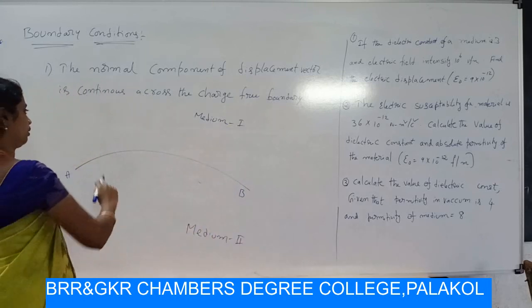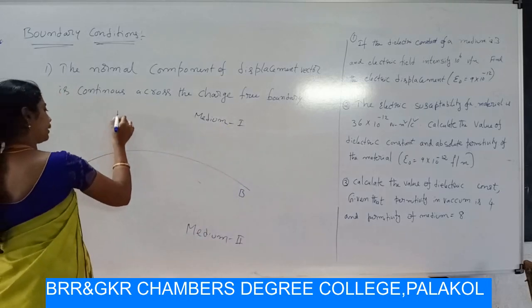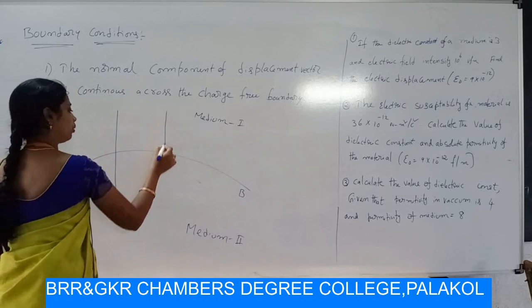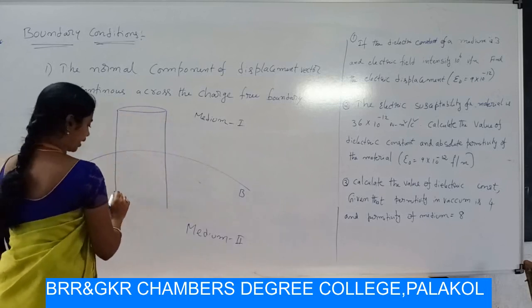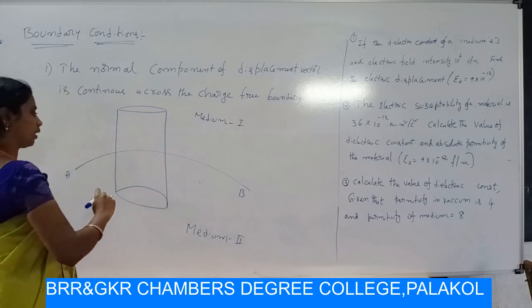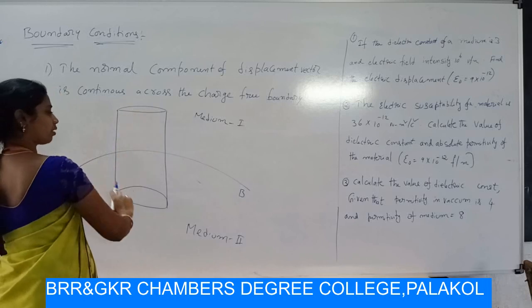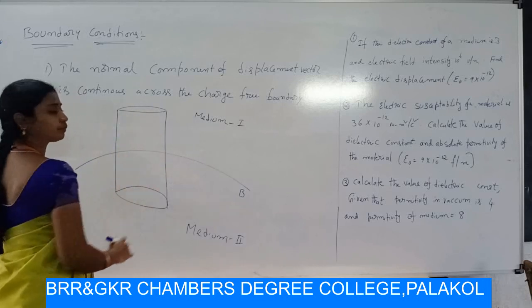Here, for explaining the first boundary condition, we consider a small pillbox shaped area. It means a cylindrical shaped area is nothing but a pillbox. Here the end faces of the pillbox are parallel to this boundary line.